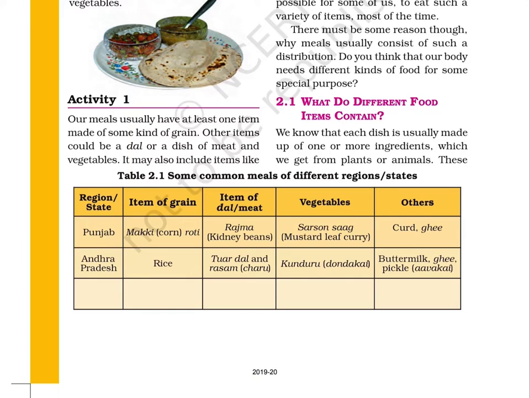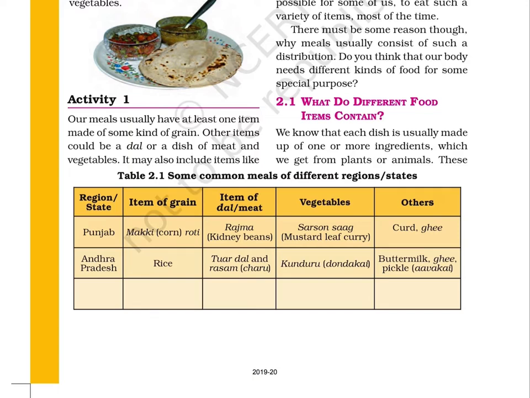First is region or state, Punjab. Item of grain, makki, corn, roti. Item of dal or meat, rajma, kidney beans. Vegetables, sarson saag, mustard leaf curry. Others, curd, ghee.